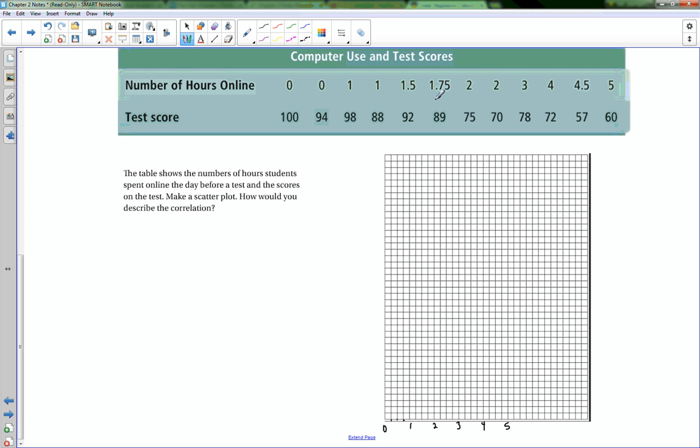And then if you look at our data here, my test scores go from 60 to 100. I think it's important to have our graph start at 0. So this is hours online. Make sure you guys are putting this graph on your paper too. And this is your test score.